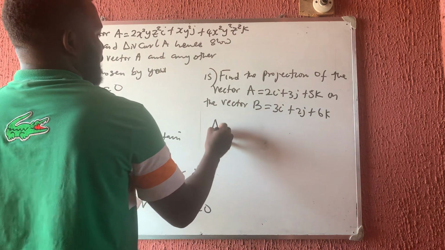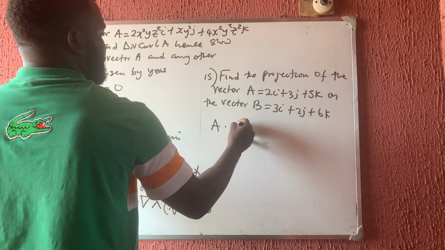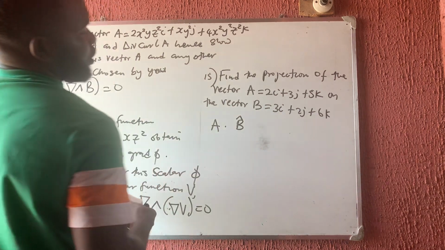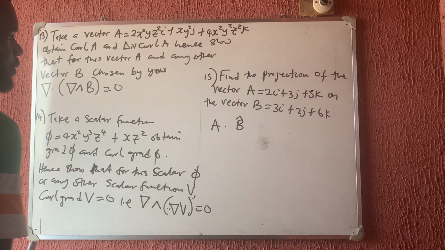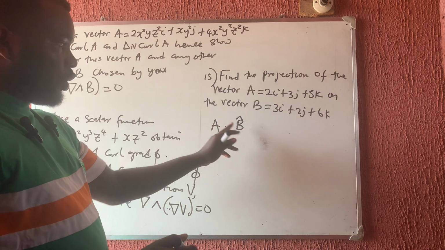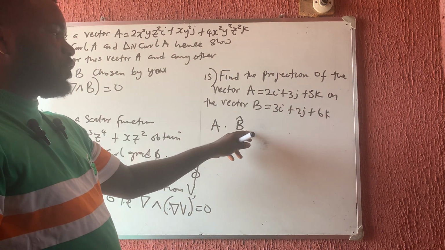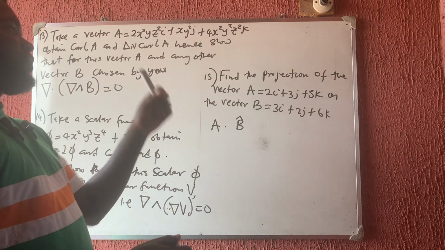This simply means vector A dot unit vector of B. Very, very simple. So first of all, you need to find the unit vector of B, dot it with this. You have gotten the answer.